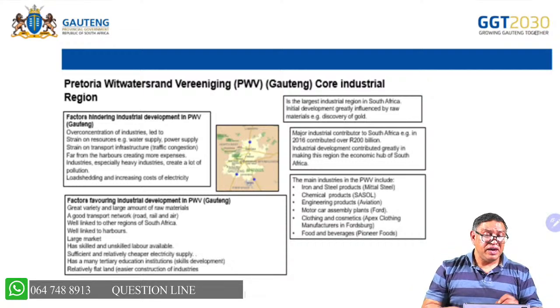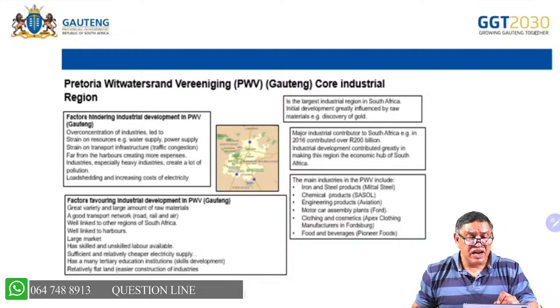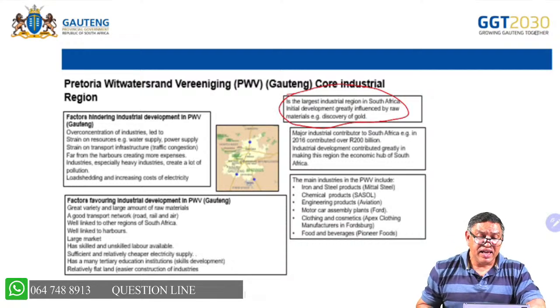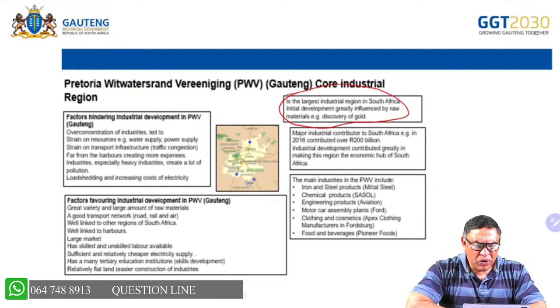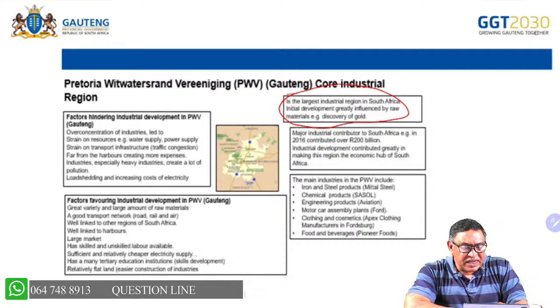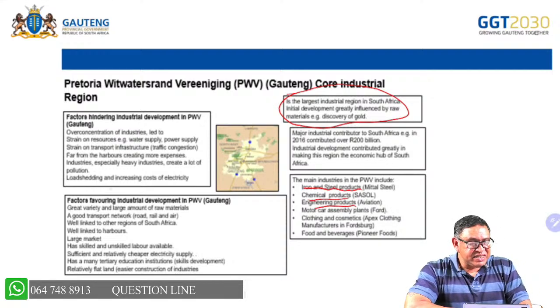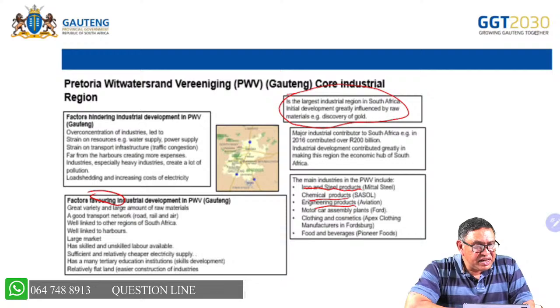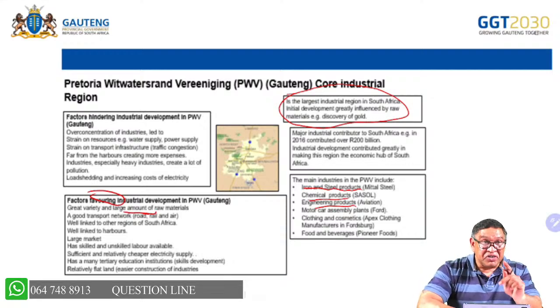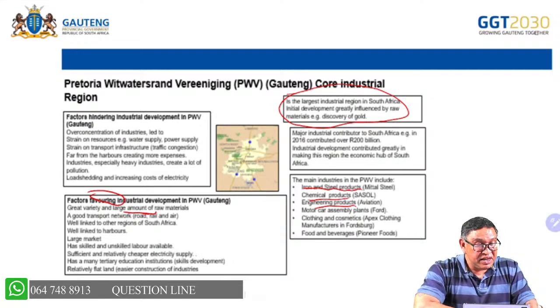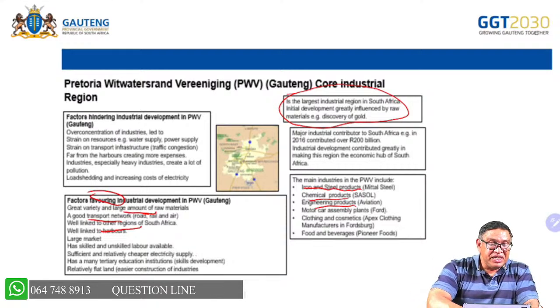Factors: it's the largest industrial area in South Africa. It makes a lot of money. Major activities: iron and steel, chemical products, engineering products. Factors favoring: a great variety of mineral raw materials, a good transport network well linked to other regions and harbors.